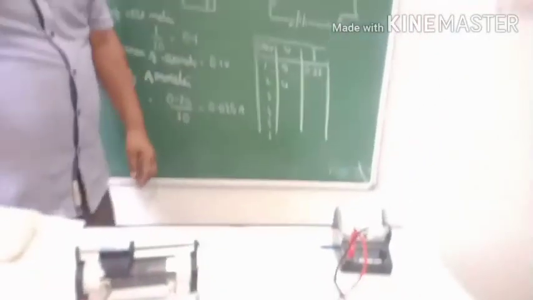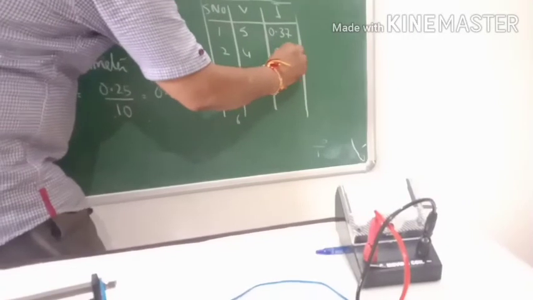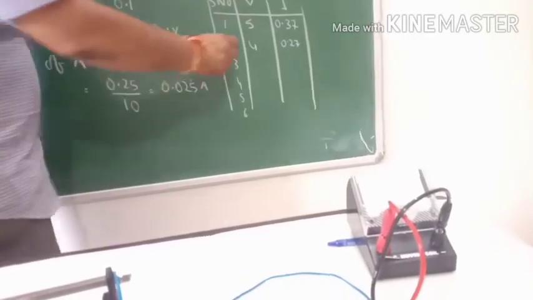How many divisions are there? 13. Try to focus. How much is coming? It is coming 10, 11. So 11 into 0.1, it will be 0.27 volt. That is, 11 divisions are there.